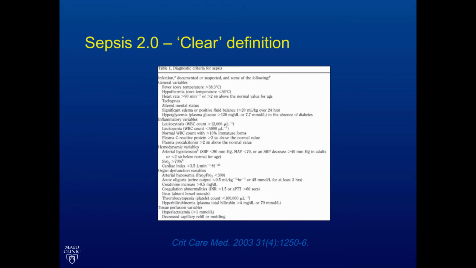Unfortunately, sometimes that means that we make things overly complicated. And this is what happened. So this is the longest and most tested sepsis definition that we have, and it existed from 2003 until January of 2016. And really, there's no way that you can hold people accountable for missing or making a sepsis diagnosis when you start to look at some of these things.